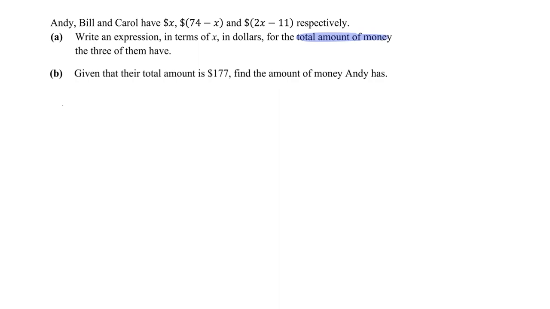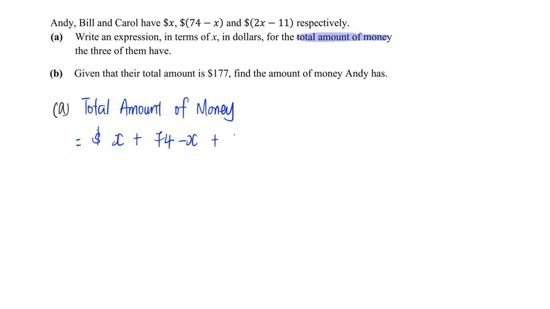So for part A, the expression for this total amount of money would then be equals to x plus 74 minus x plus 2x minus 11, where Andy is x, Bill is 74 minus x, and Carol is 2x minus 11.